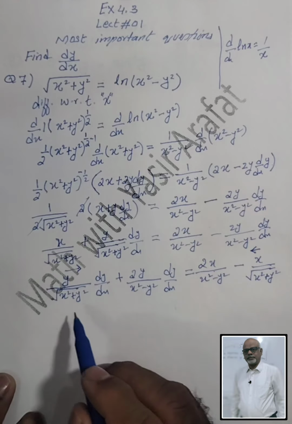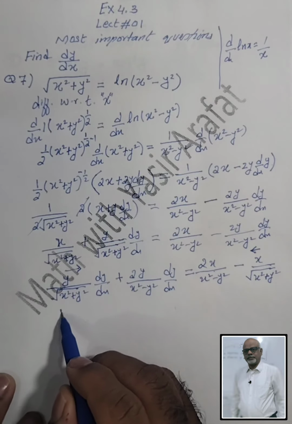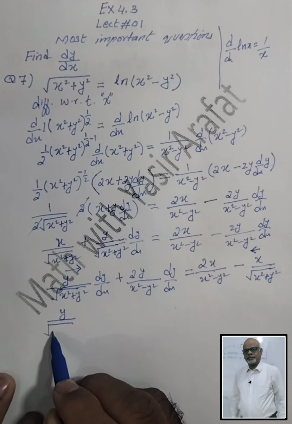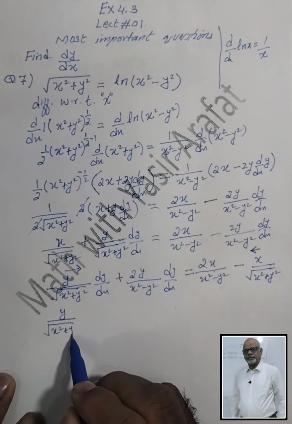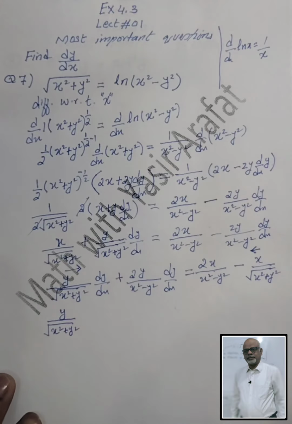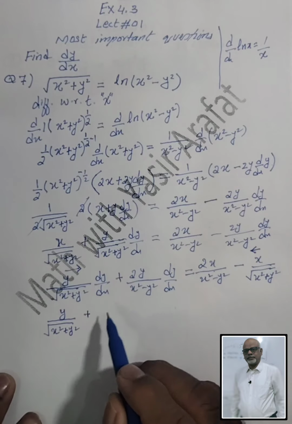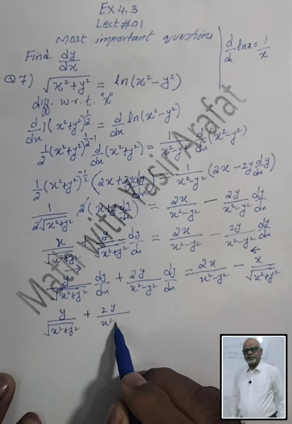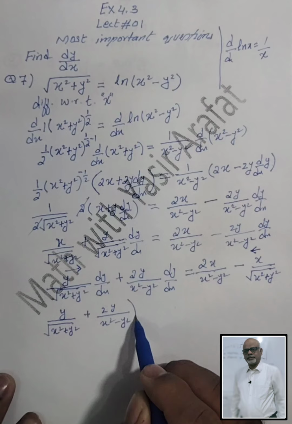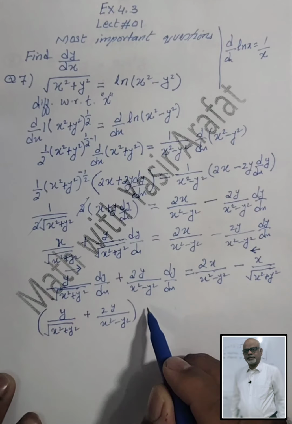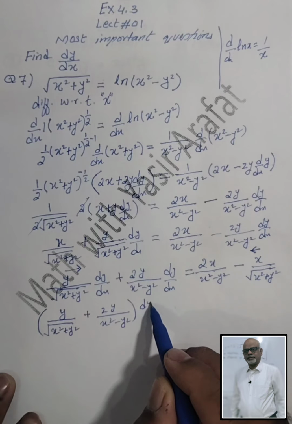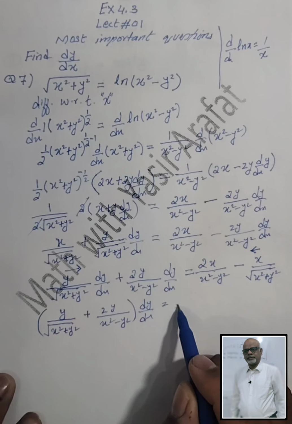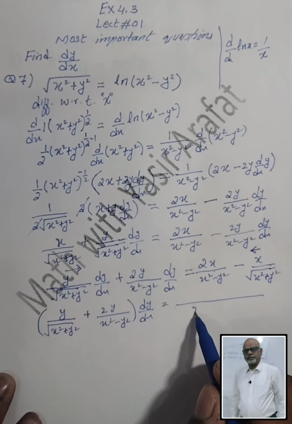Take out dy upon dx common here, so this is y over in the radical x square plus y square, 2y over x square minus y square. Just we have to take out the LCM here, common first, dy upon dx, and the LCM on the right hand side.